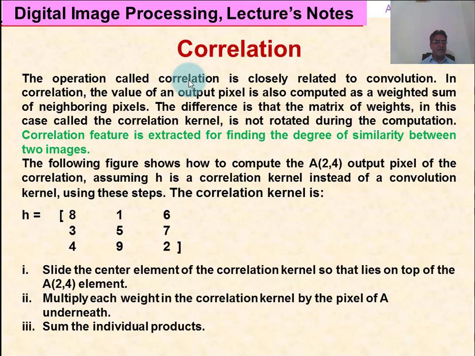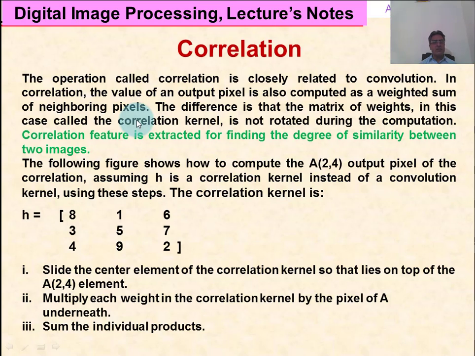If it is a 3 by 3 kernel, that is 9 values, these 9 kernel values are all overlapped with the 9 pixel values of the input image, and then the corresponding pixel values of both the kernel and input image are multiplied and then added, and then replace the central pixel value as in the previous case of convolution.